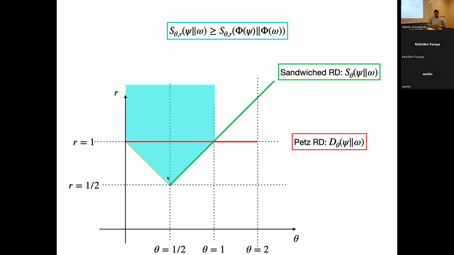And this blue region here is where we know that the theta-r Rényi divergences satisfy monotonicity.